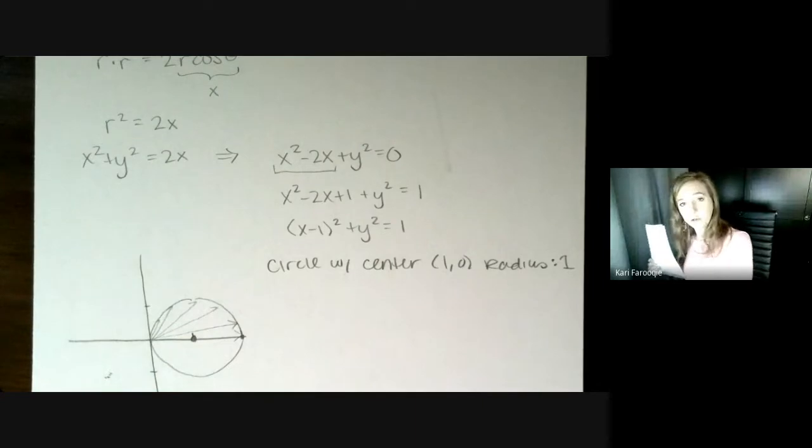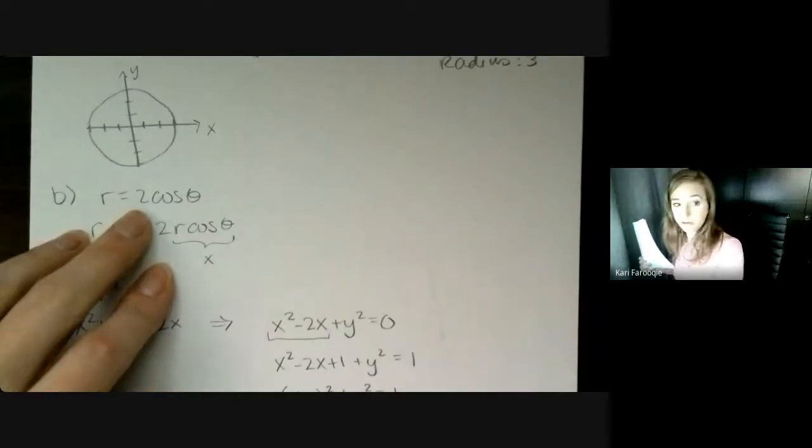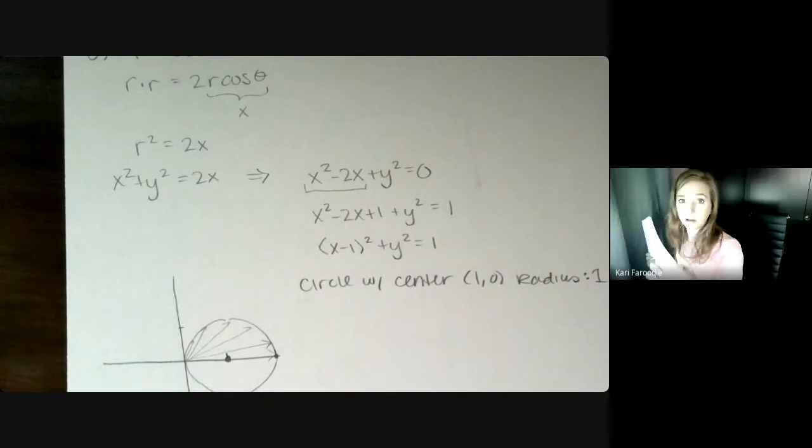This is general behavior that you can expect to see every time. So when it's just r equals and then a cosine theta, you're going to be shifted over left or right. If it's a sine theta, it's going to go up or down. So very interesting stuff, guys, just making connections between these rectangular and polar graphs.